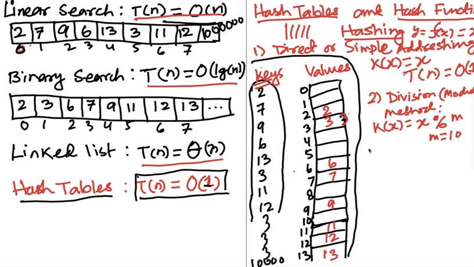So our hash function is h(x) equal to x modulus 10. If we use that hash function, then whatever the value, for example 10,000, what is 10,000 modulus 10? It will be 0, right?